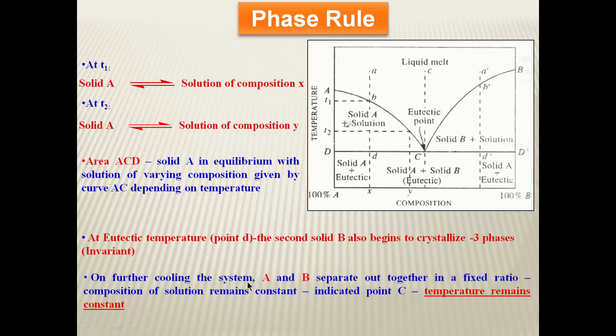On further cooling the system, A and B separate out together in a fixed ratio, that is a fixed composition. That is, the composition of the solution remains constant, and that is represented by the point C. Here the temperature is now constant. So this is the eutectic temperature corresponding to the eutectic composition.